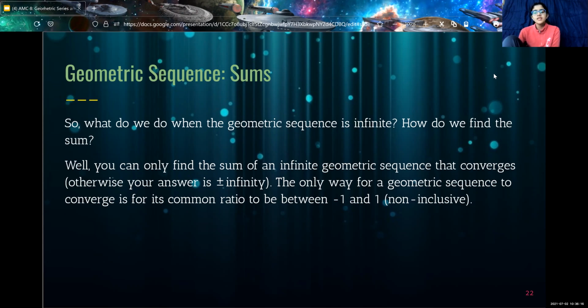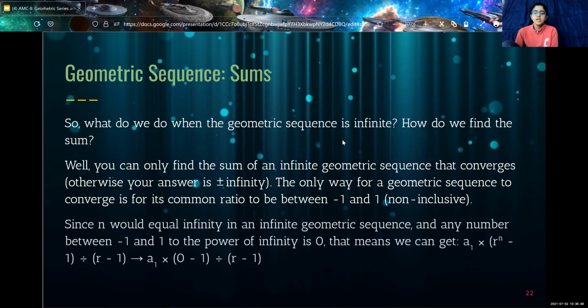It doesn't end on any term, so the sum would be both 0 and 3 at the same time, and you don't know which one is the actual answer. So it can't have a common ratio of -1. And if it had a common ratio of 1, imagine if you added -2 to itself forever and ever. You would get negative infinity, which would not be an answer you would want to get.